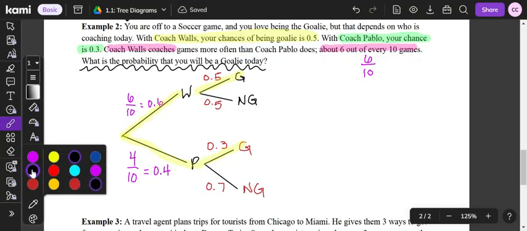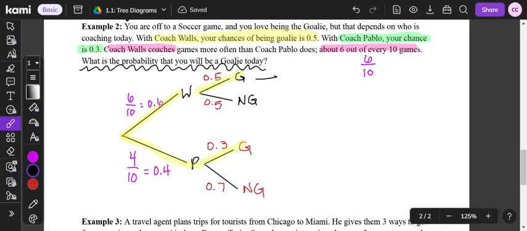So right here, for this one, I can say the probability of being goalie with Coach Walls is equal to 0.6 times 0.5. Okay, if you put that in a calculator, you will get 0.3. In other words, there is a 30% chance of being goalie if Coach Walls is coaching.